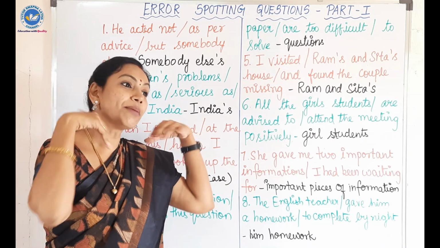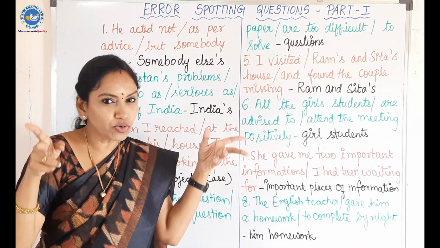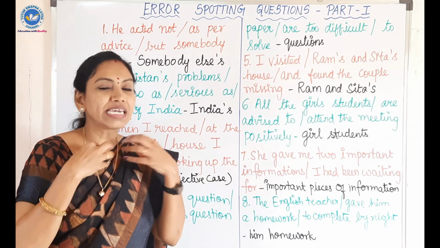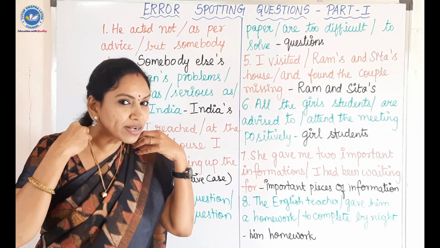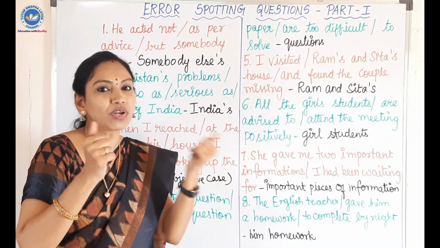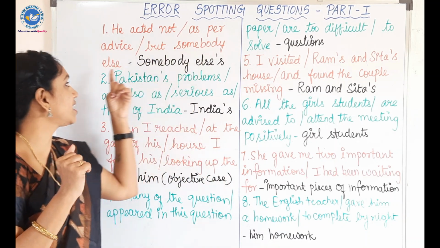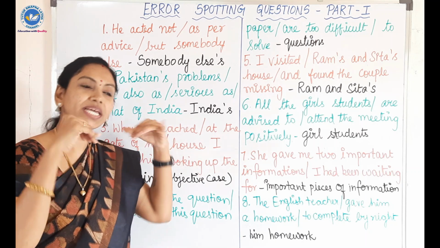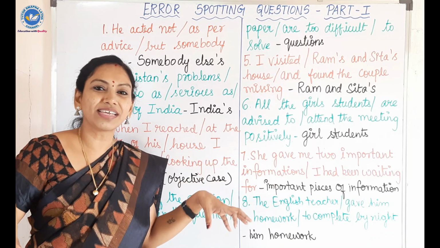This is somebody else's, which we mention when we are talking about two persons, when I say this is my own property, this is not mine, this is yours. So in such a case, plain "somebody else" cannot come. He is following somebody else's advice. So try to complete that sentence.